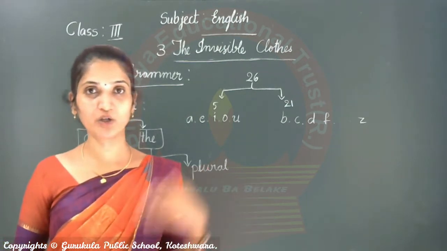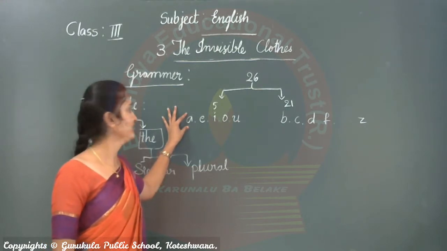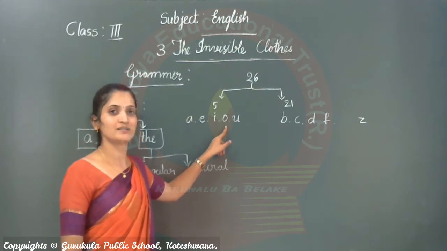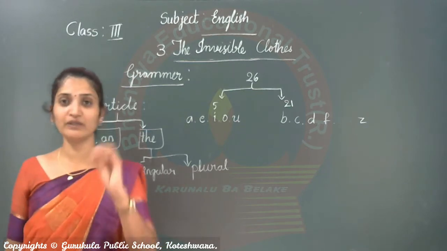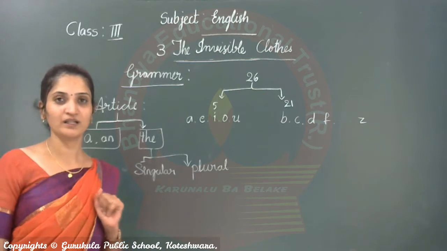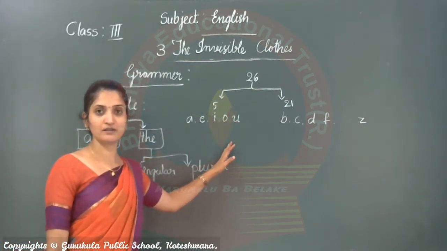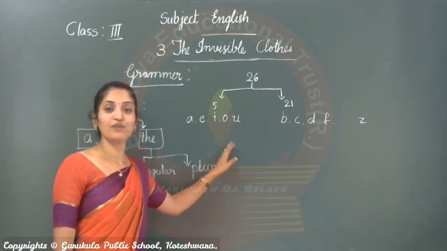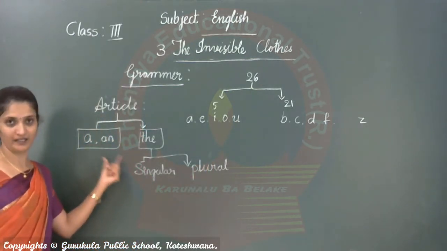For example, ant, egg, ink, octopus, umbrella. Many are there, I am just giving these examples. Which words start with these vowel sounds, for that we are using an article.